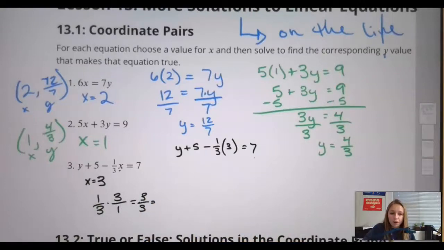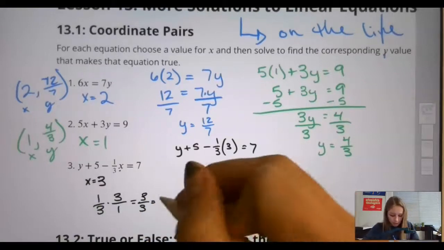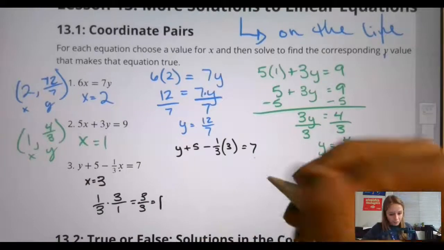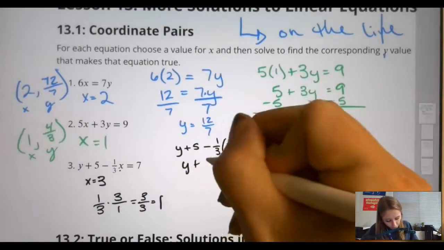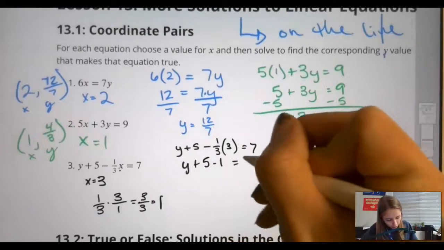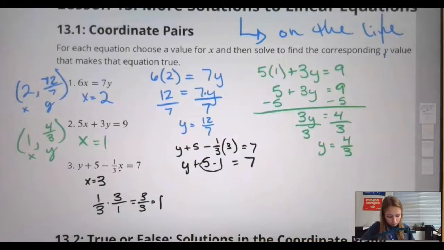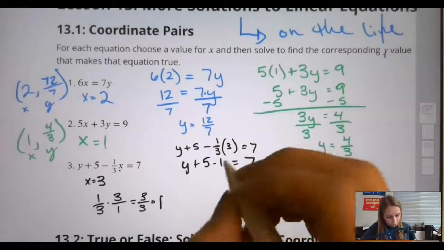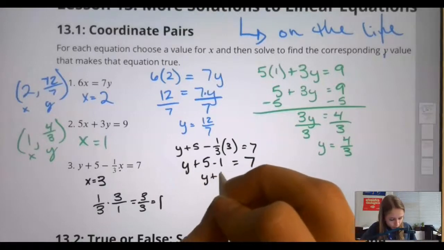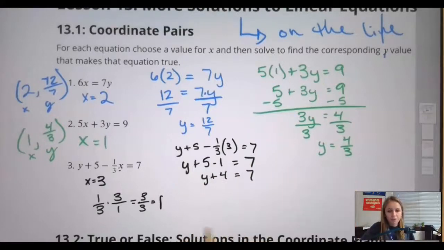Well, what's 3 divided by 3? It's 1. So now I have y plus 5 minus 1 equals 7. I need to combine these so I can simplify. So 5 minus 1 gives me 4, so y plus 4 equals 7.